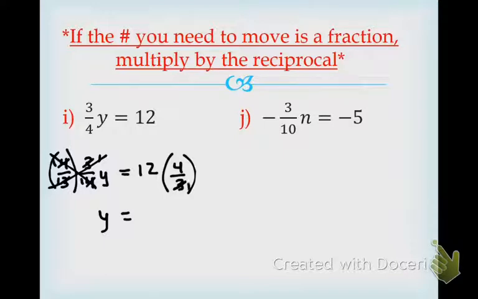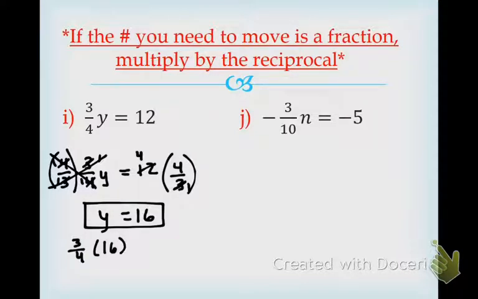That turns into a 1, this turns into a 4, and what is 4 times 4? 16. Okay? So then if you're going to be checking it, 3/4 times 16 equals 12. When you plug that in your calculator, you will see that 12 does equal 12.